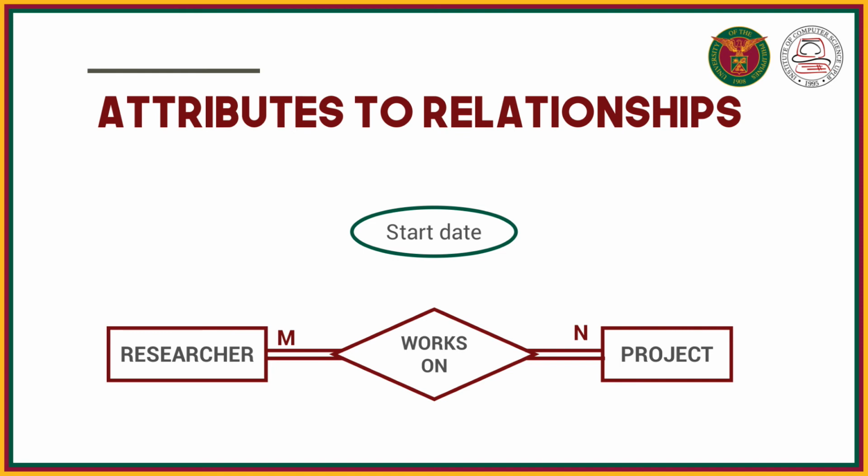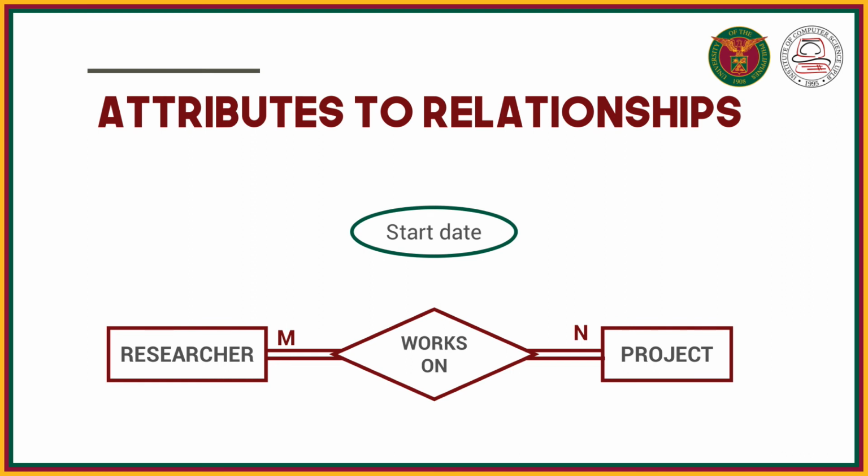Now, if you wanted to take note of the start date or ito yung date kung kailan nag-start yung researcher to work on a specific project, it will be very confusing for us kung saan natin siya ilalagay na attribute. Pwede ba siya maging attribute ni researcher? Very confusing because if we put start date as an attribute of researcher, then it is very confusing kung sinong project or kung anong project yung tinutukoy ng start date na yon.